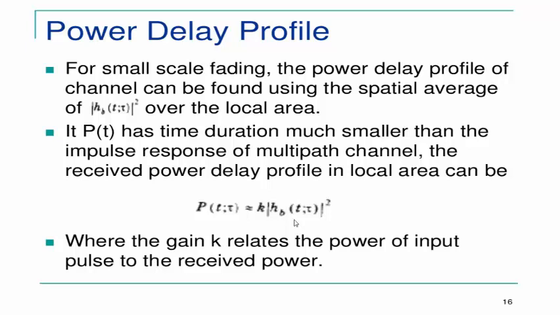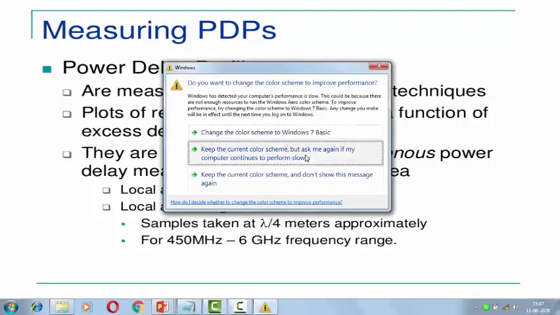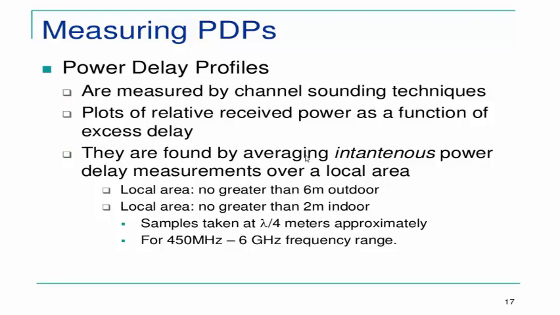If p of t has a time duration much smaller than the impulse response of the multipath channel, then the received power delay profile in the local area, p of t comma tau, is nothing but k times the impulse response h of t comma tau, where k is the gain relating the power of the input pulse to the received power.